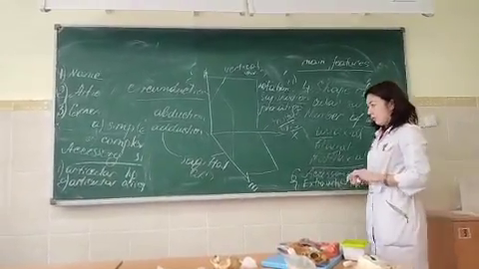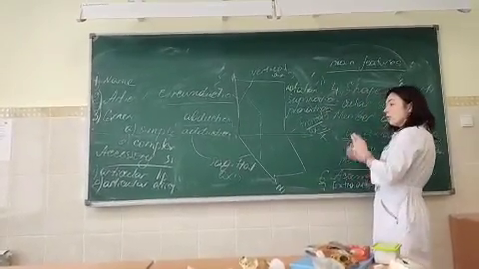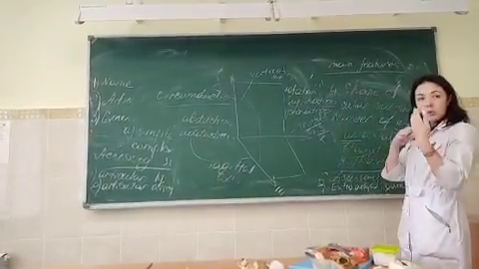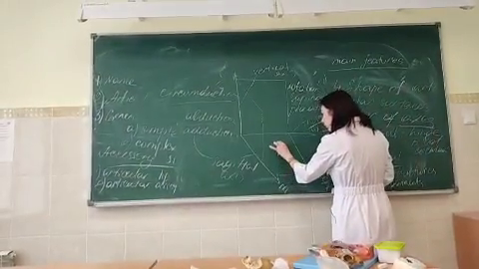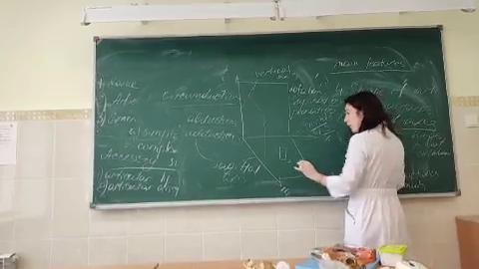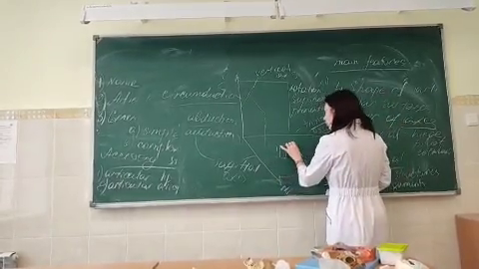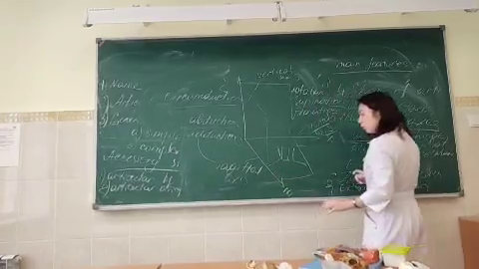The symphysis, for example the pubic symphysis: why can't we consider it to be a synovial or non-synovial joint? Because the pubic symphysis is formed by cartilaginous tissue, located between two symphysial surfaces of the hip bone.